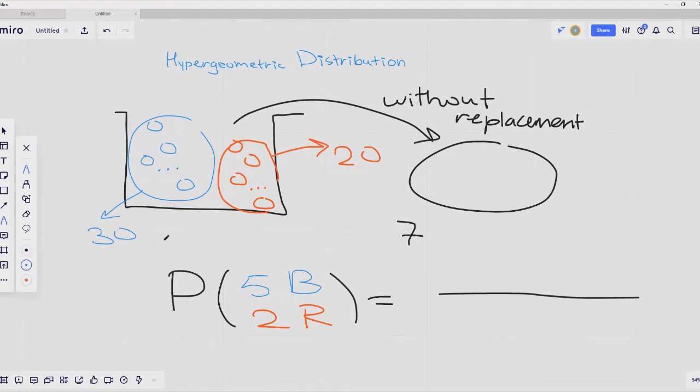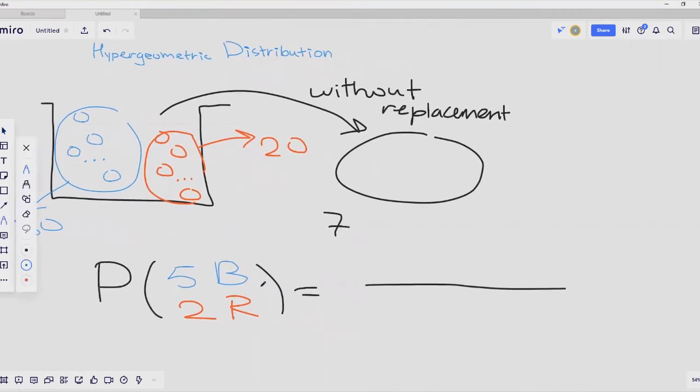However, we are not putting the chips back that we have drawn, meaning that our probability of drawing, let's say, blue chips at each draw is not going to remain constant. So the probability at each draw of drawing a red or blue chip is not constant.